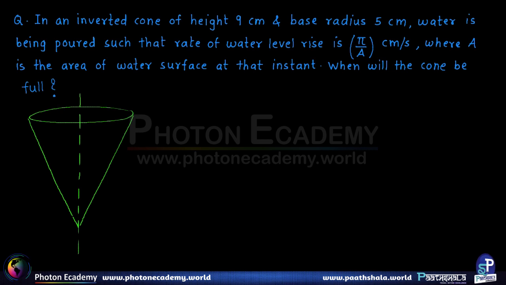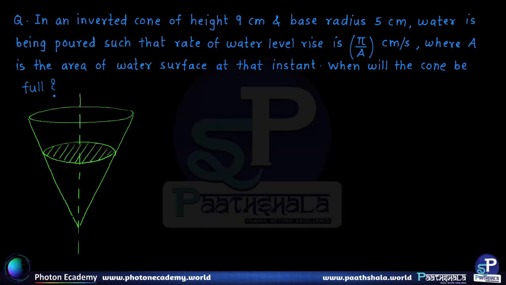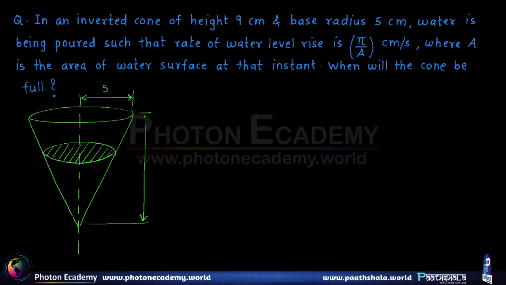Now, as the water is poured, clearly it will form a circular top surface, isn't it? It's given that the base radius of the conical container is 5 and the height of that cone is 9. The total height is 9 centimeters.